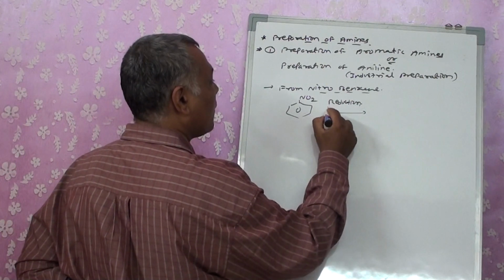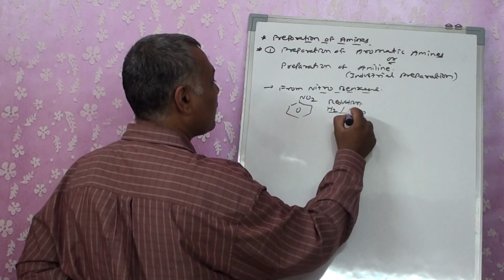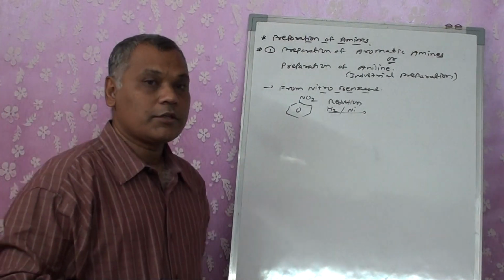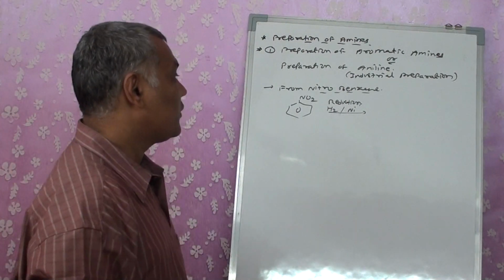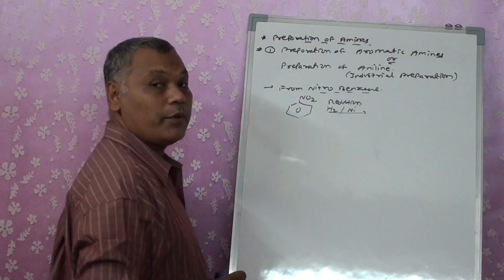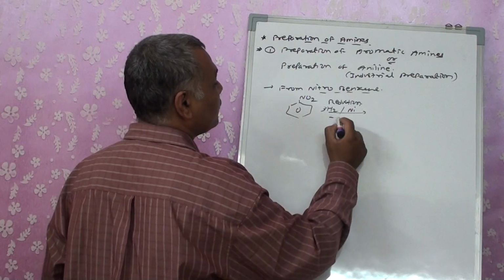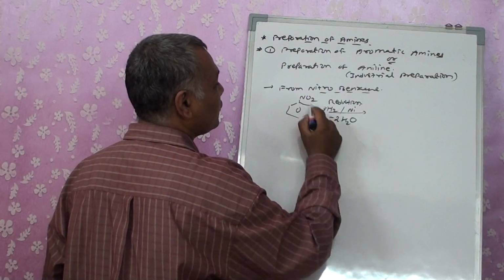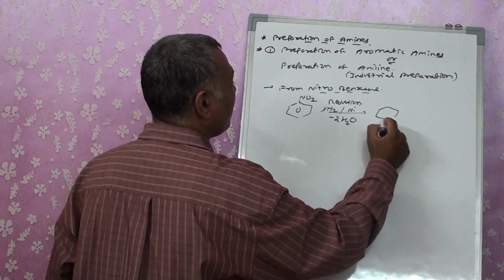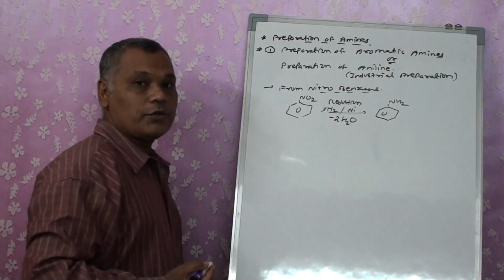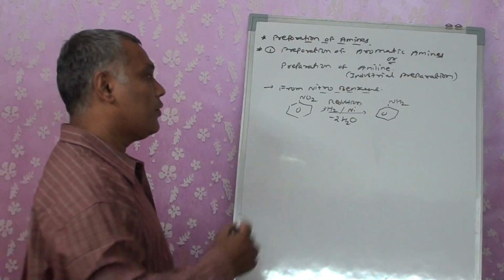Reduction is done with the help of H2 in presence of Ni. We can also make it 3H2, because two of the H2 are used to remove the oxygen, and we get NH2. So NO2 is getting converted into NH2.